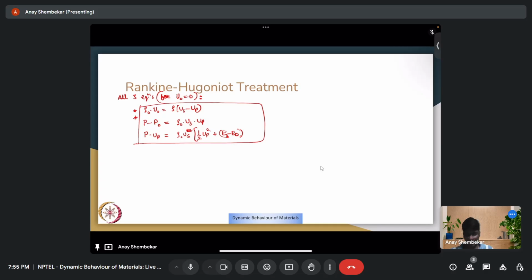Okay, so here we can measure rho naught, P naught and E naught, which are the initial states. These are measurable, which gives us rho, US, UP, P, and E as the unknown variables.